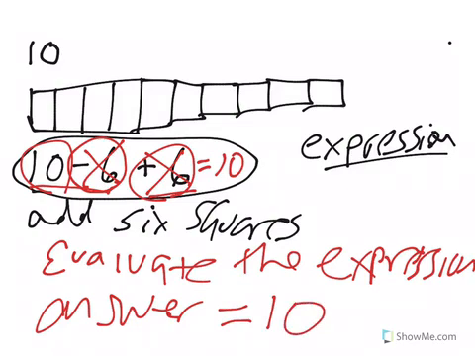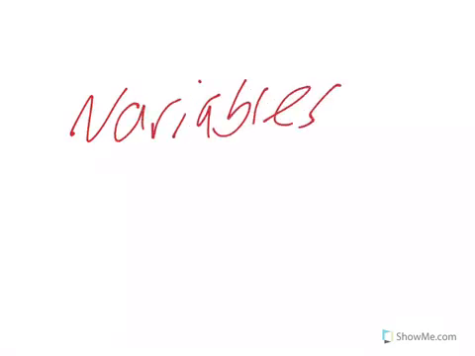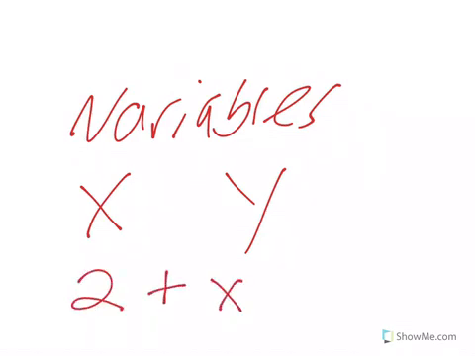Let's use this expression to talk about variables. Variables represent a number. They are letters, oftentimes X or Y, but they could be other letters, and they are in the place of a number. So if I said, just for example, 2 plus X equals 4, X isn't anything fancy.